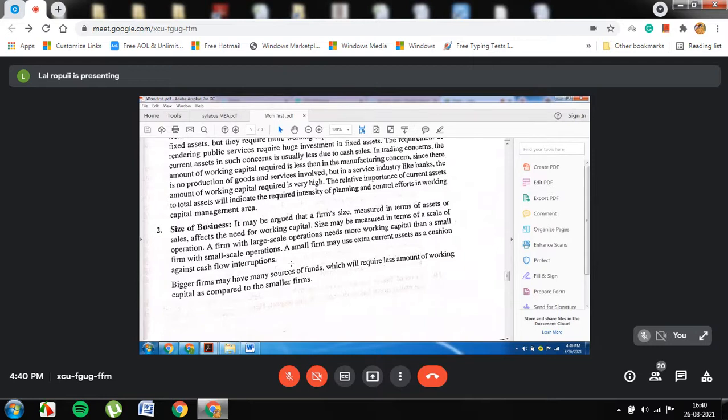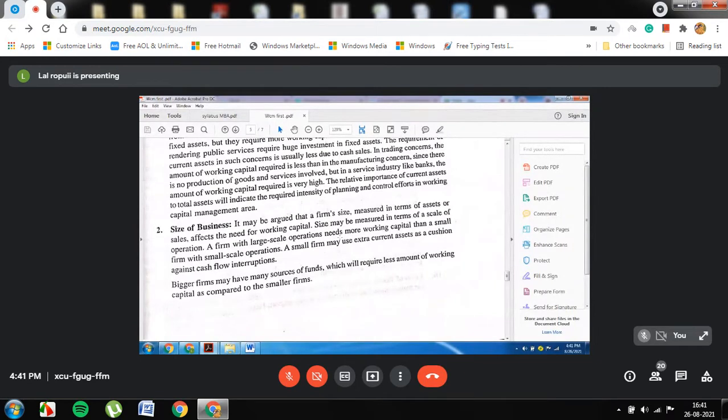For example, those who build ships and aeroplanes need much more working capital as compared with a small bakery here in Aizawl.